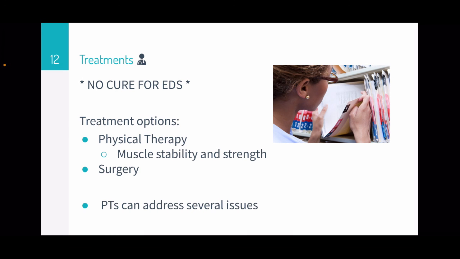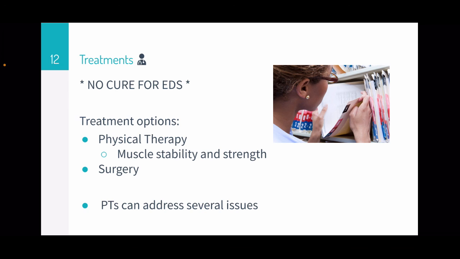Now, for treatments, there is no real cure for EDS, but there are some treatment options to better cope with the symptoms that come with the disorder. There is physical therapy, which can be used to provide muscle stability and strength.